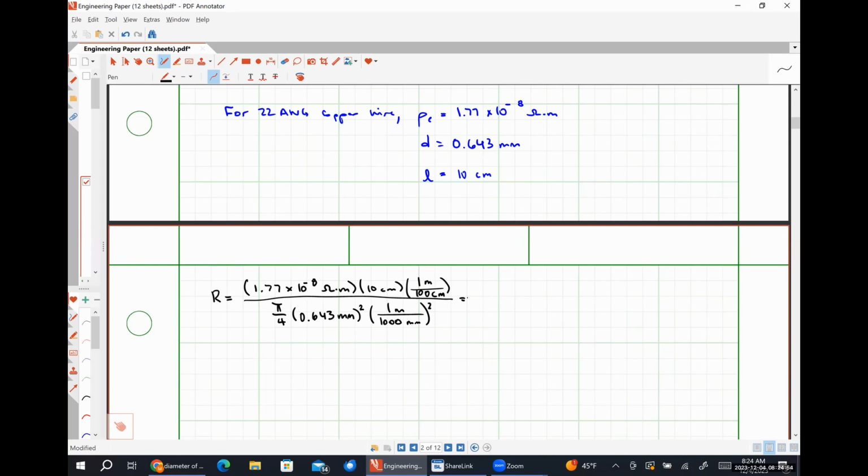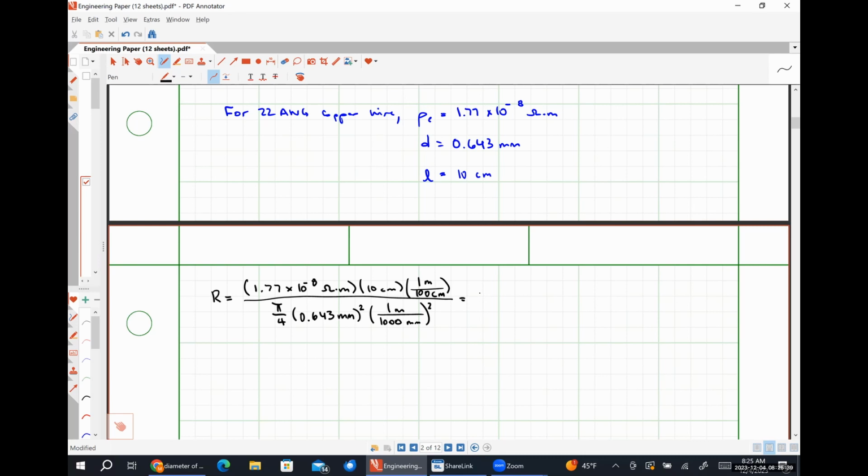So 1.77 times 10 to the minus 8 times 10 over 100, divided by pi over 4 times 0.643 squared times 1 over 1,000 squared.